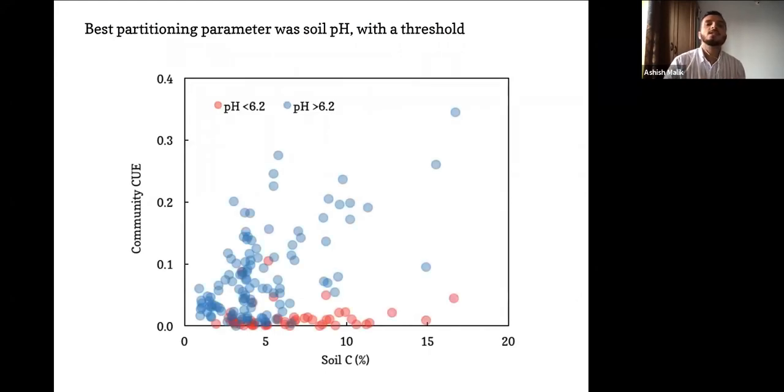But once we looked at the different parameters that were actually determining the distribution of carbon use efficiency, we found that soil pH was a very important factor, and that was distributing the carbon use efficiency data into two data sets, one which was high carbon use efficiency and one really low carbon use efficiency. And there was a threshold at around pH 6.2.